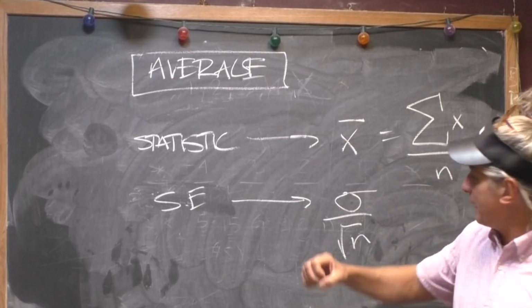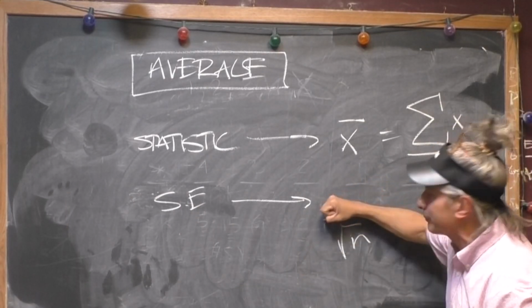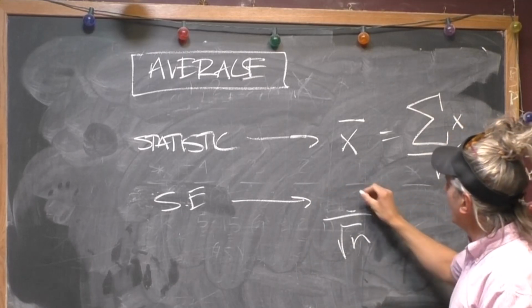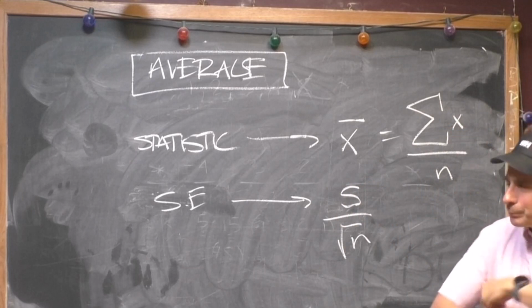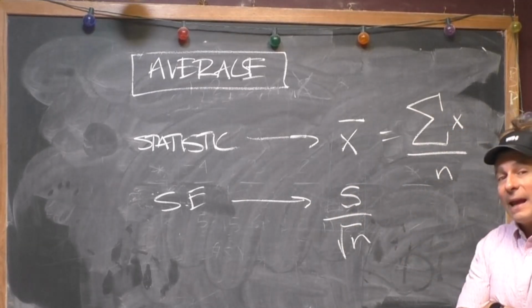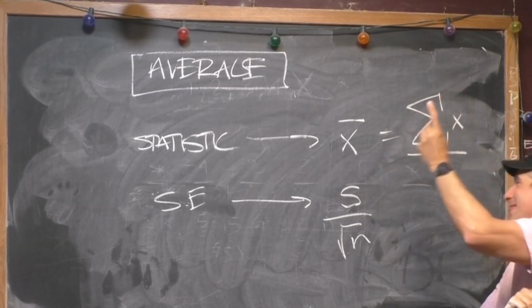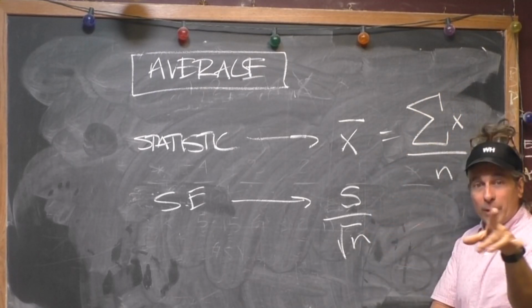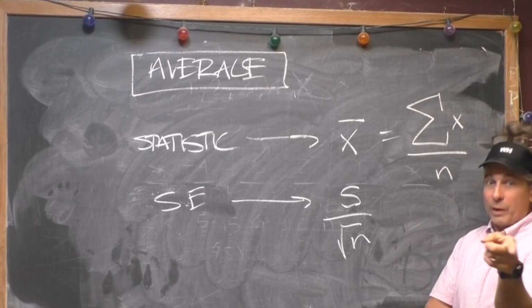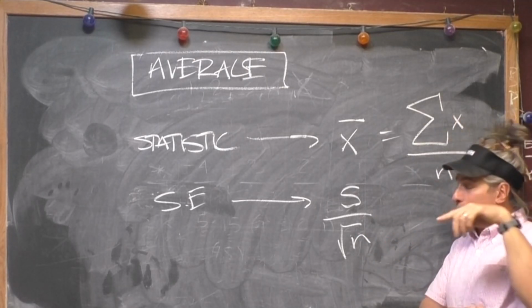It's the sample standard deviation, which we learned about in week 3, I believe. And we call that, dear friends, little s. Now, that right there is the standard error for that statistic. So, we can calculate this based on the sample. We will soon enough with Del Taco for starters.